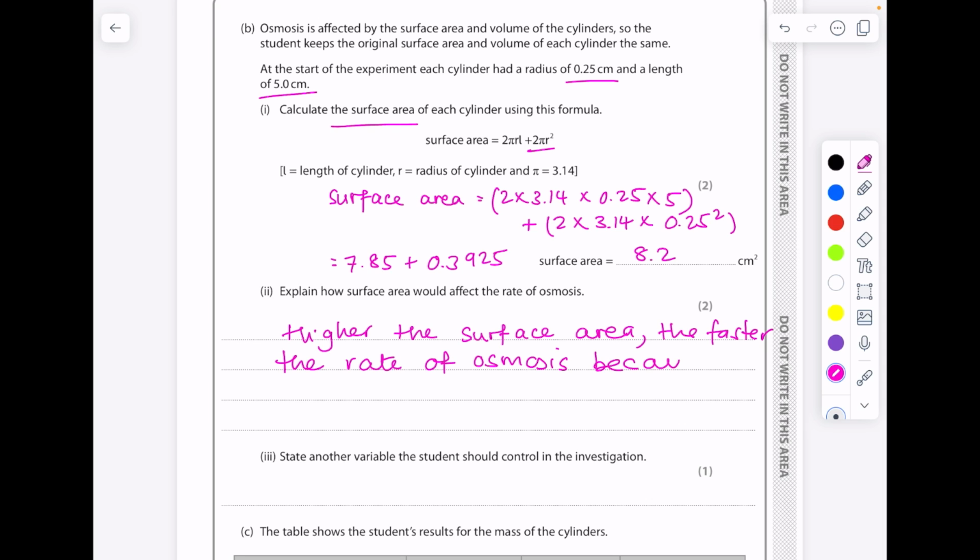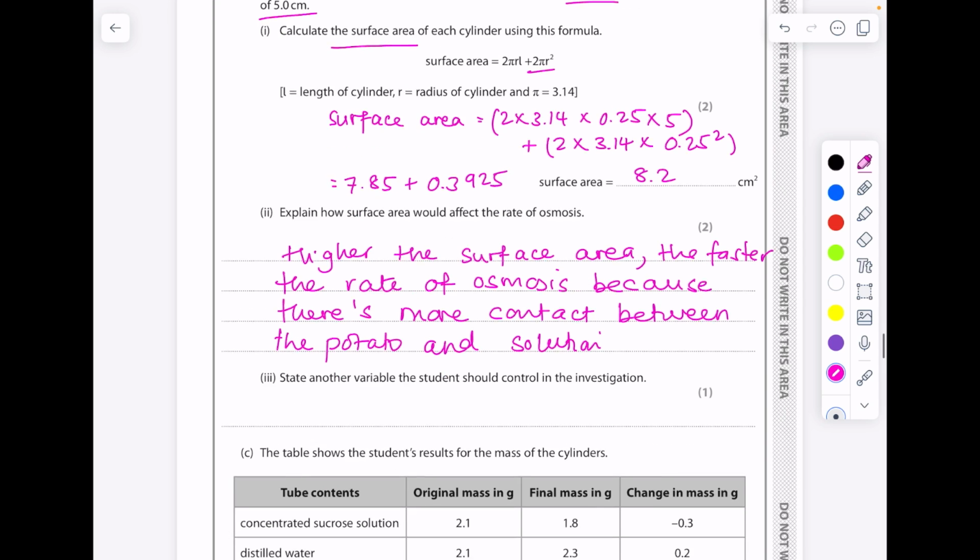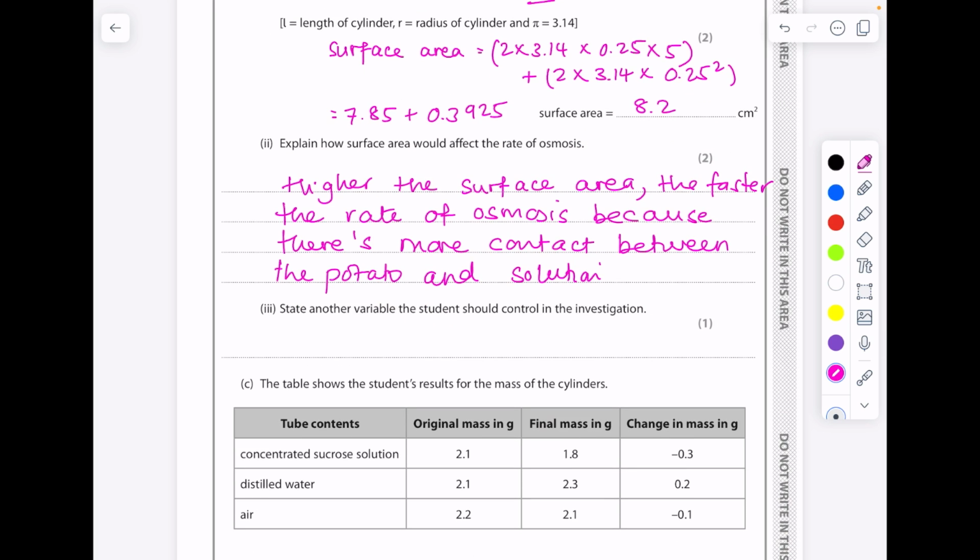We're being asked to explain after all, because there's more contact between the potato and solution. State another variable the student should control. That means keep the same. So think about the factors that will affect the rate of osmosis. Temperature is a good option here. You could have also said the type of potato.